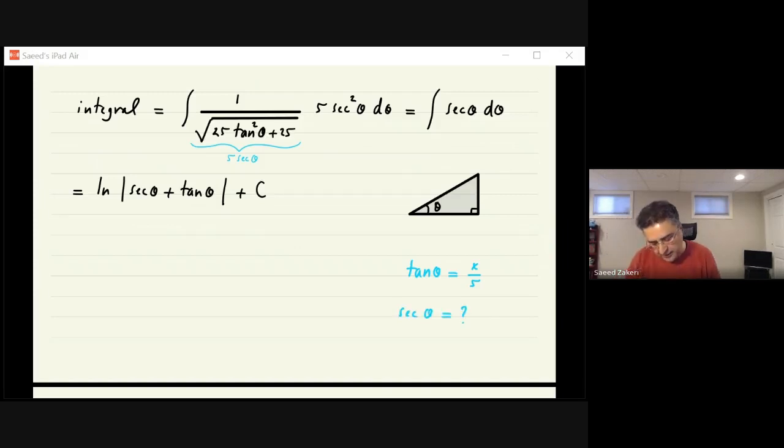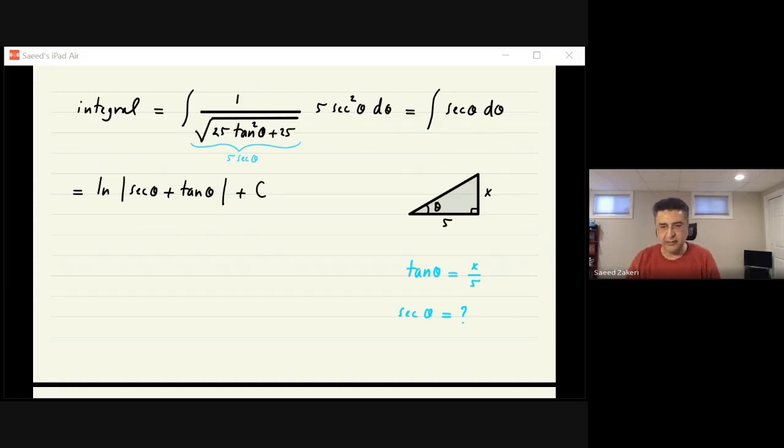If tangent of theta is x over 5, what is secant of theta? So label this picture. Tangent of theta is x over 5. That's opposite over adjacent. This ratio must be x over 5. So you can put any two numbers here whose ratio is x over 5. What's the easiest choice? Putting x here and 5 here. Doesn't get easier than that, right?